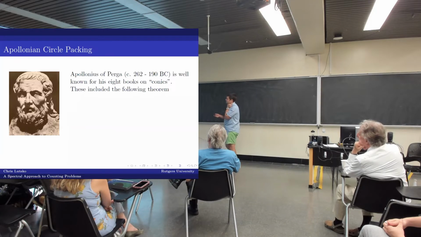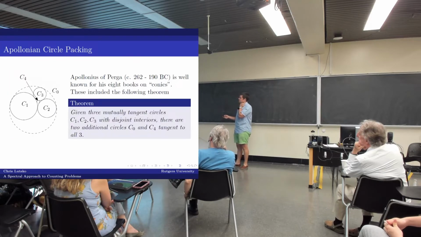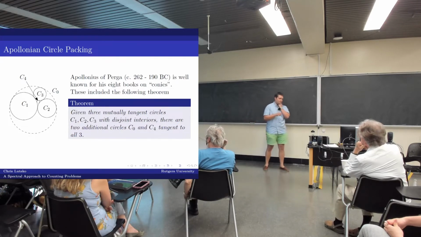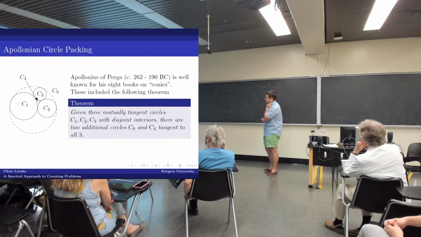If I have three mutually tangent circles, so here C1, C2, and C3, these are all mutually tangent, then there exist two additional circles, C0 and C4, which are tangent to the original three. It's kind of obvious when you draw the picture, but it's not obvious that this is always the case.